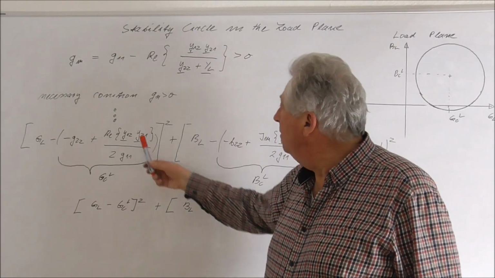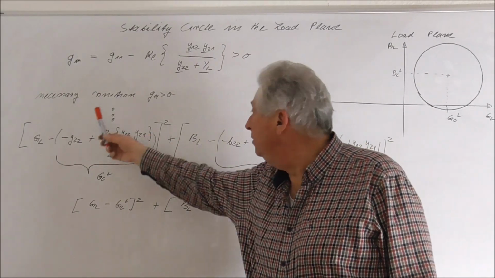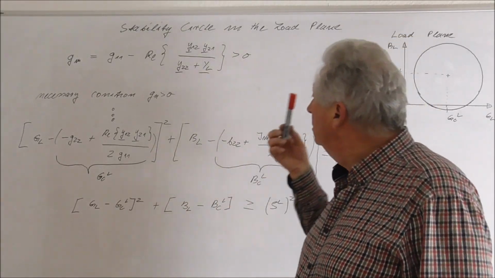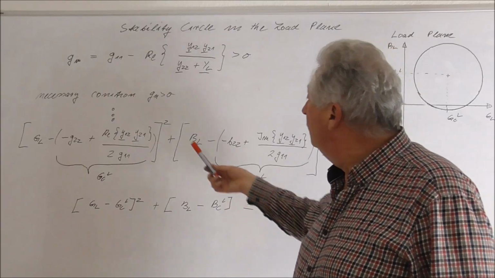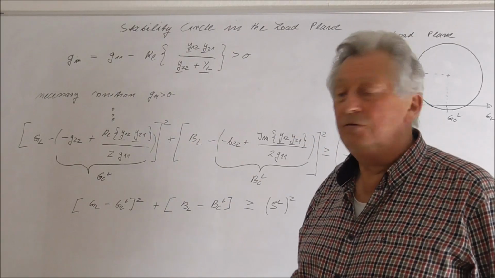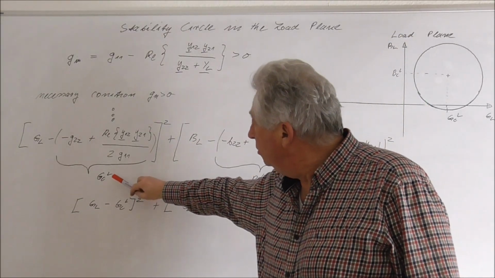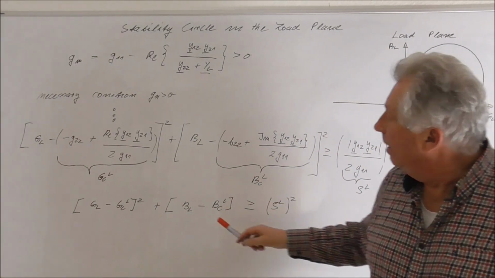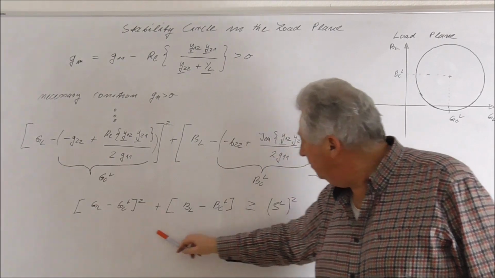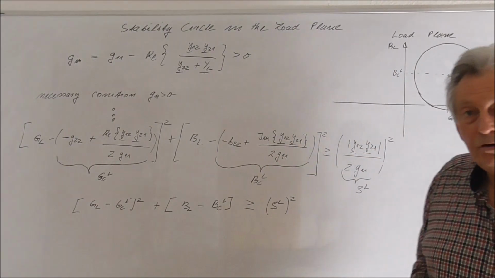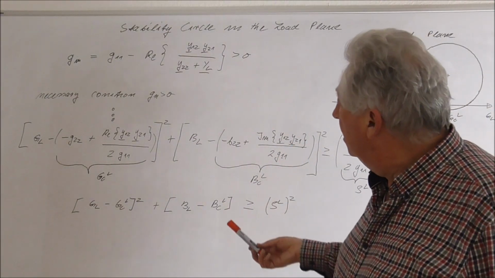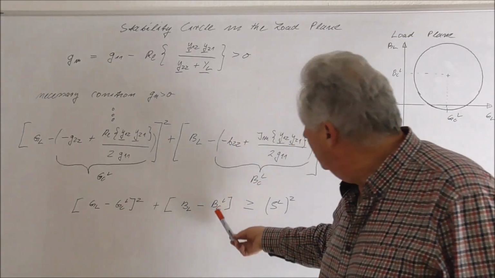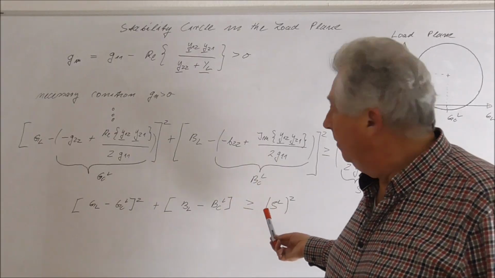So after a lot of mathematics, we end up with this equation here. And to make it easier to look at, I insert some values, GCL here and VCL here. And then we end up with this equation, which you can recognize as an equation for a circle in the load plane.